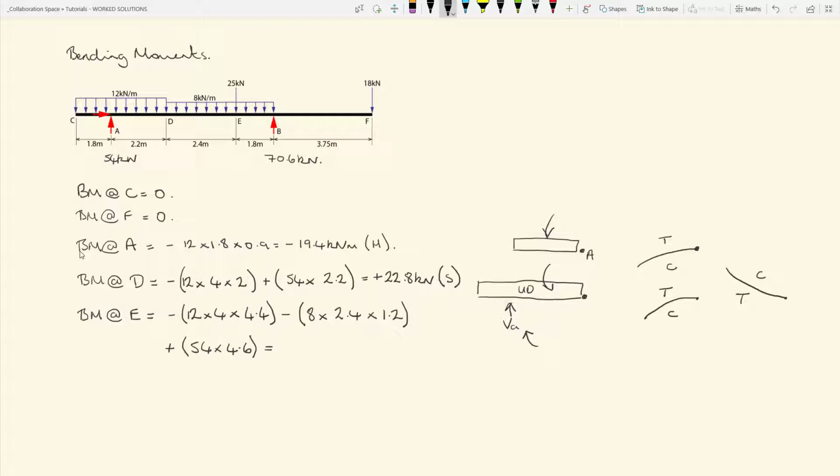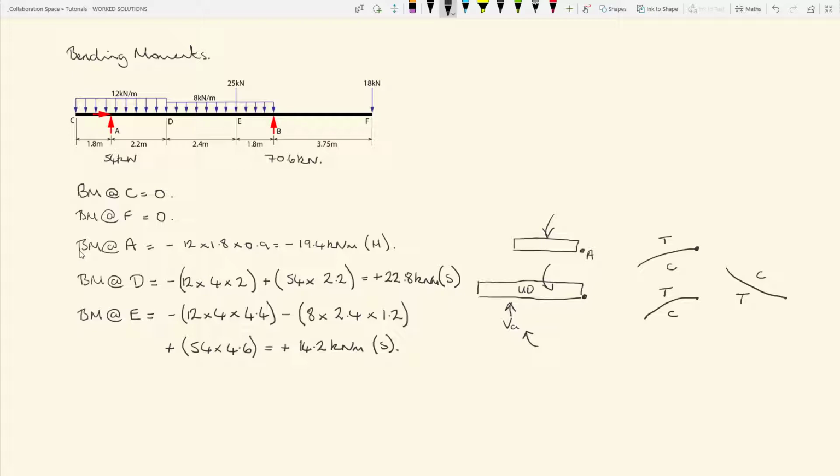So that is positive 14.2 kilonewton meters. My apologies, that should have been kilonewton meters for D, not kilonewtons. Bending moments are kilonewton meters, not kilonewtons. And again, at E we have a positive moment, so it's a sagging moment. It's going to cause the beam to sag.